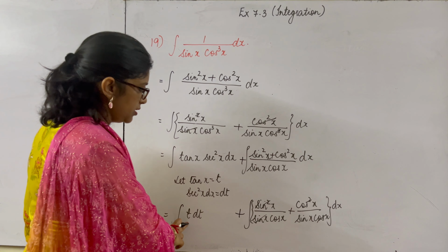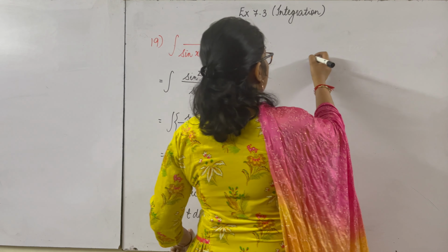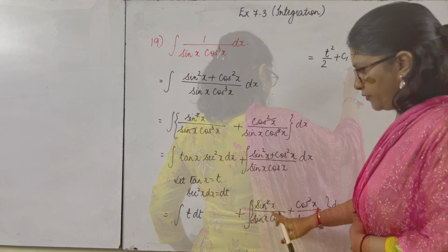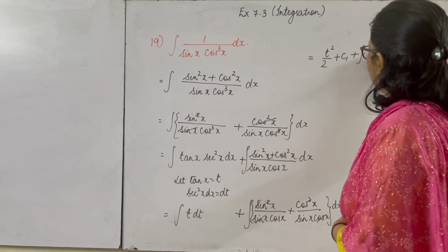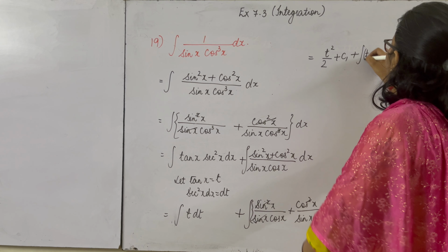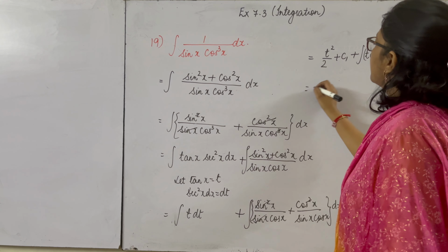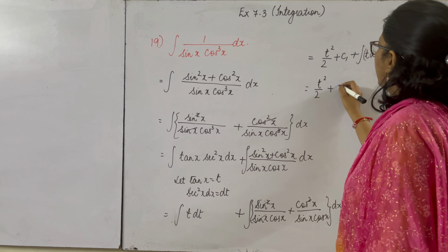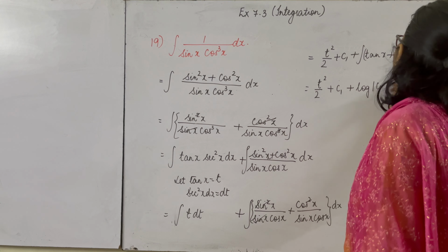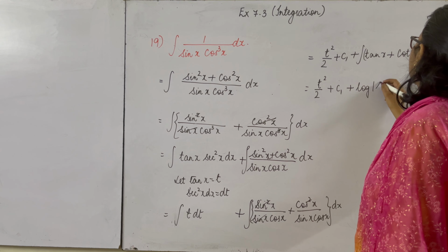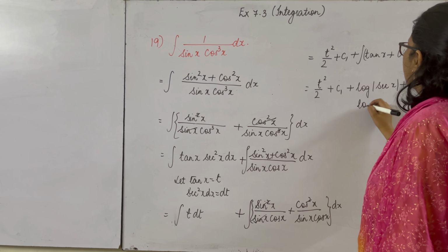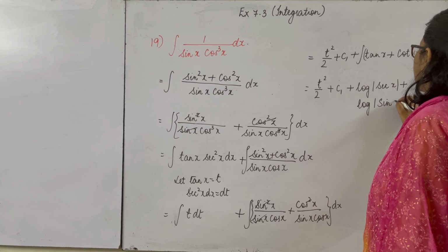So we have this integration, first one, which is t square by 2 plus C1. Integration of tan x is log modulus sec x, and integration of cot is log modulus sin x.